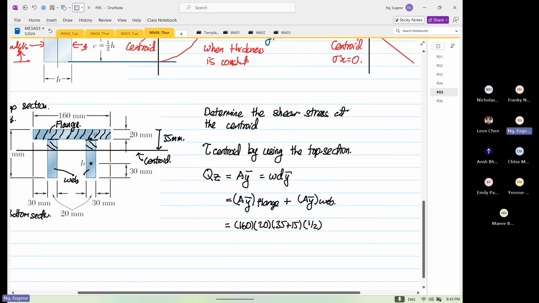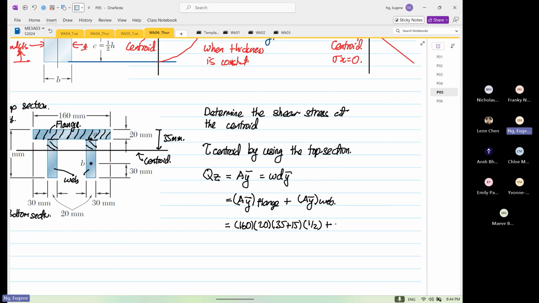Right. Then we are going to do the web plus. Okay. So the web is twice. The width is 20. The depth is 15. And then multiply by 15 and then multiply by another half.